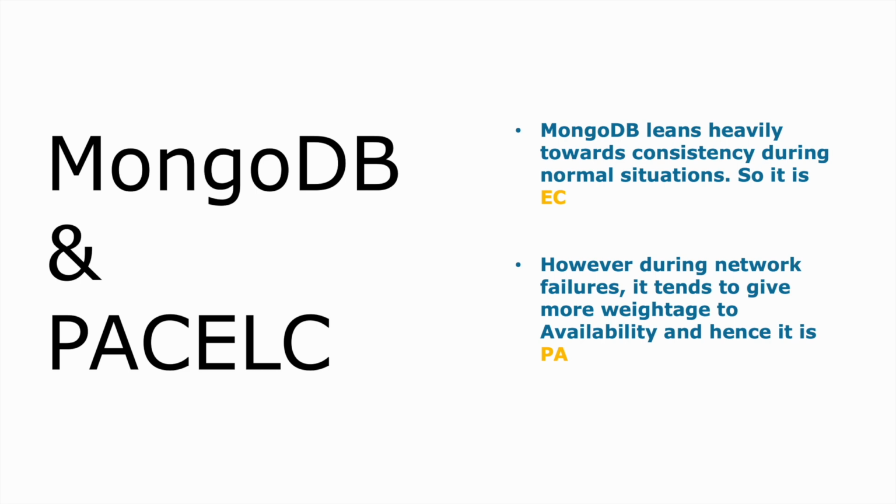So that is why it's an easy system. But during a network failure, it tends to give more weightage to availability, and hence it is known as a PA system. If you want to know more about the PACELC theorem, you can refer to my other video about NoSQL databases in general, where I have also discussed the PACELC theorem.